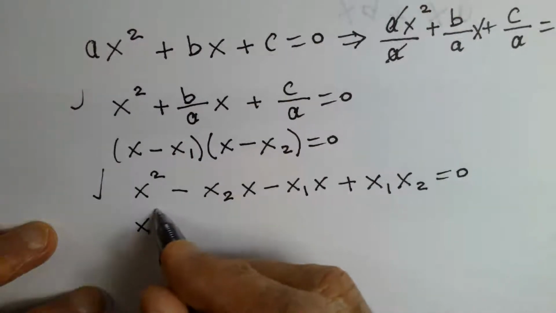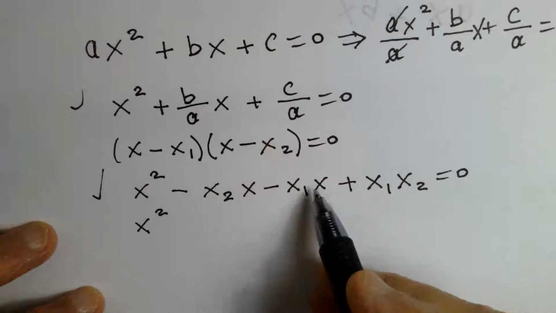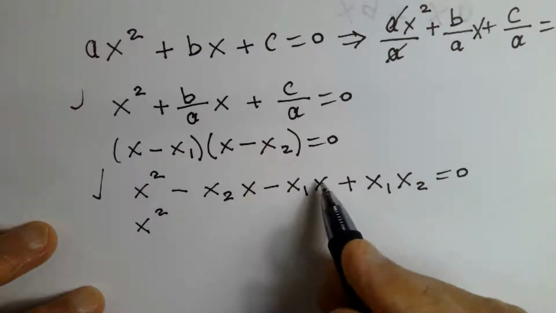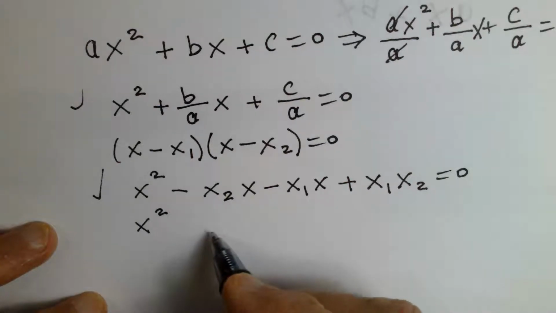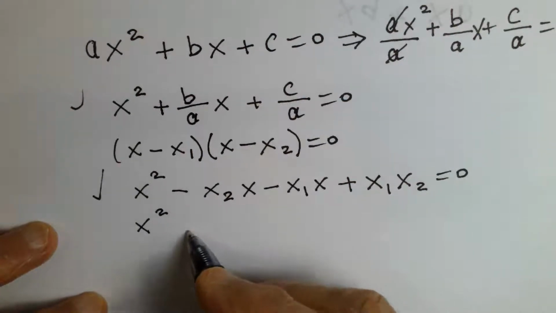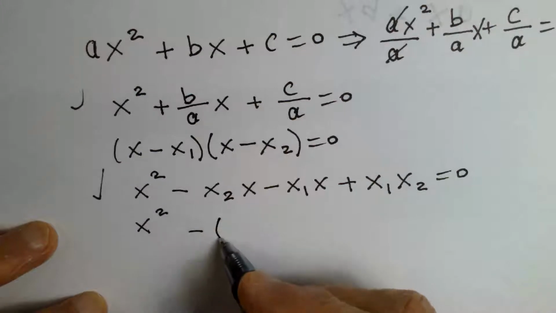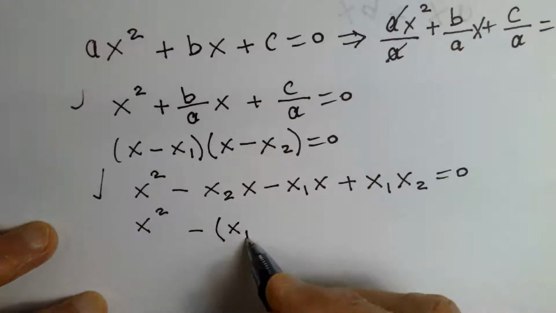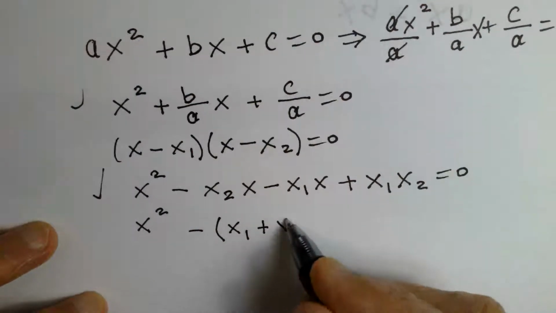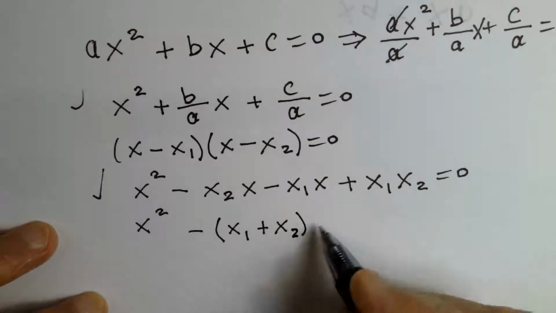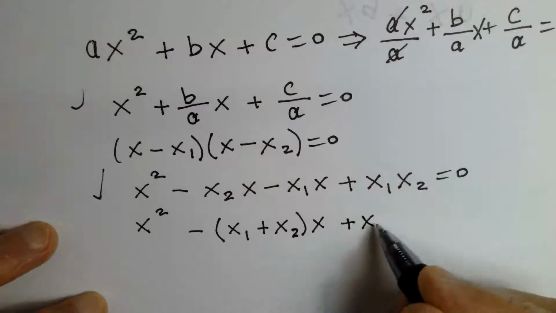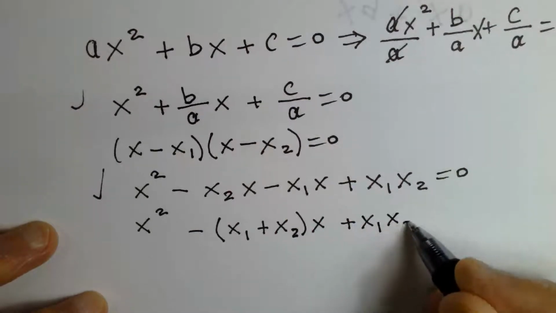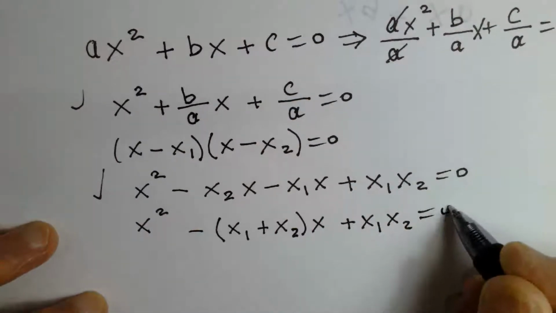So we can write this as x squared, and let's get the factorization between these two terms. So we have minus x1 plus x2 into x, plus x1 x2 equal to 0.